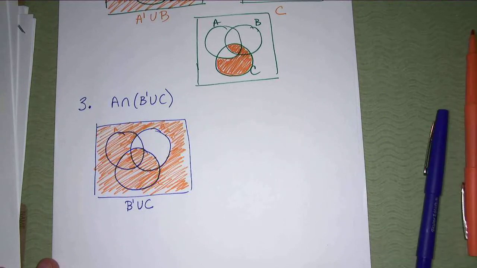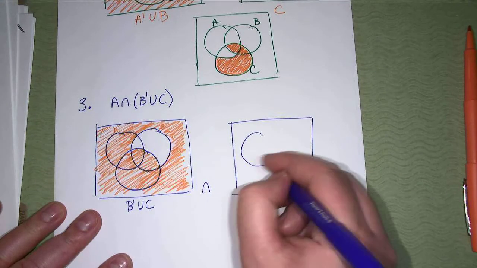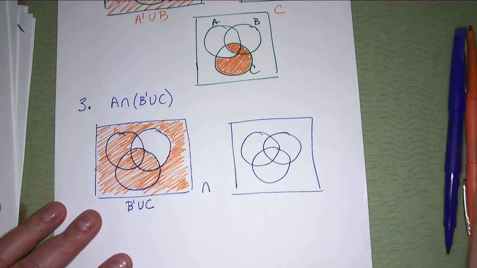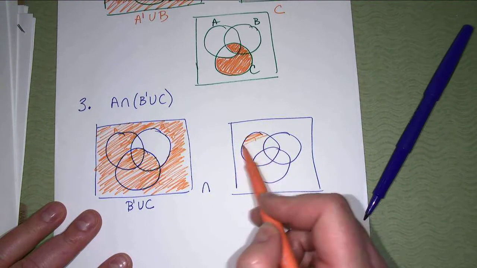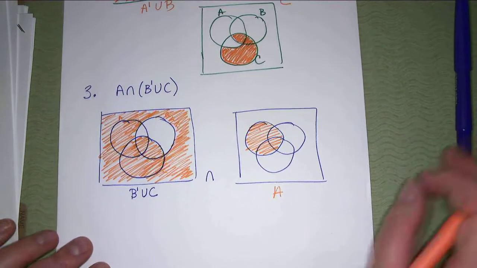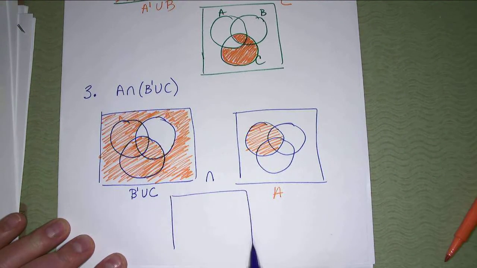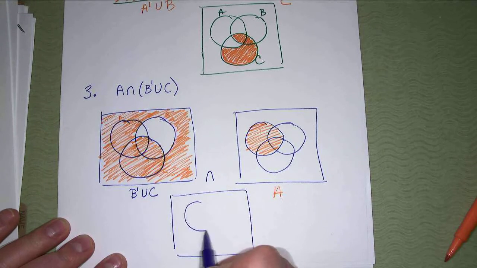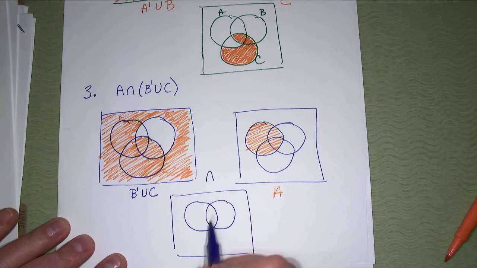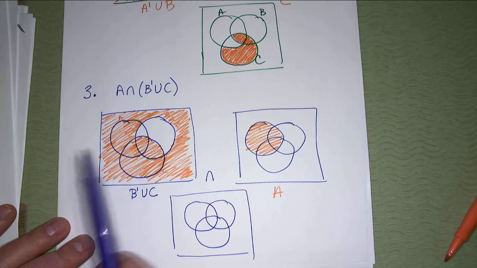Everything outside of B prime, and then everything inside of C. And we want to intersection that with A. And it's intersection again, so we're looking at what they both have.